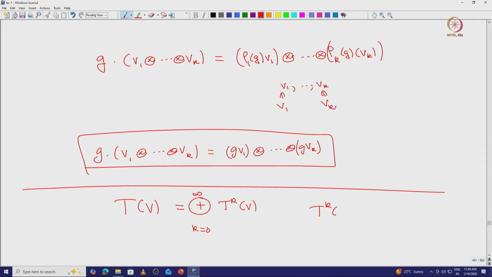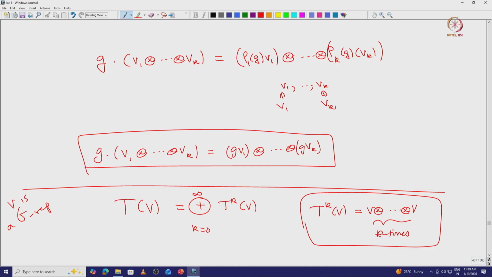But what is T^k V? T^k V is nothing but the k-fold tensor of V. If we start with V a G representation, then it is easy to see that this T^k V becomes a G representation. So, in particular TV also becomes a G representation. Now, note that TV is indeed an infinite dimensional G representation, but it is a graded representation. One can talk about the graded character of that. We will come to that later.